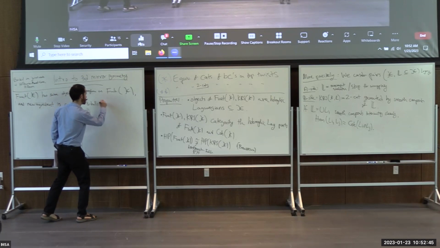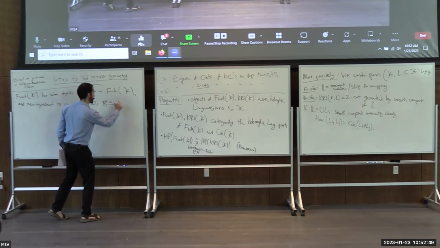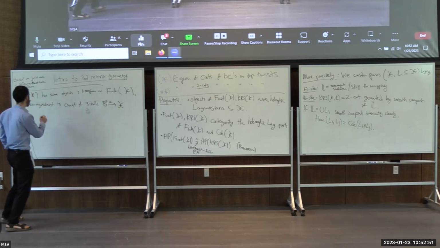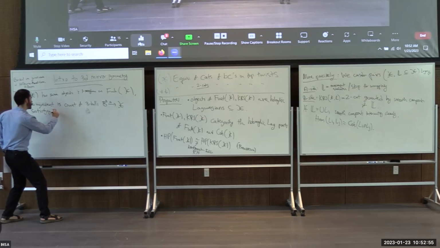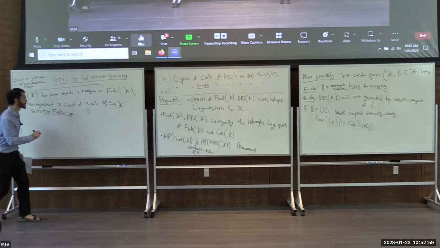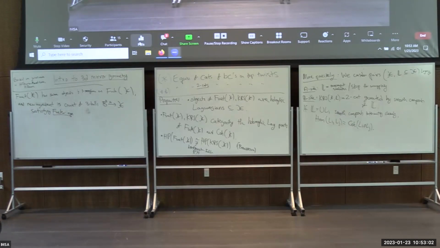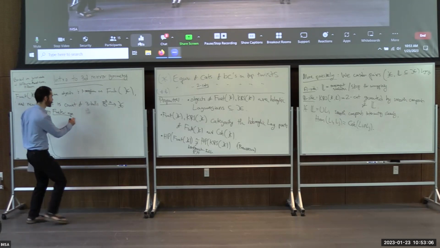satisfying the Buder equation. So I'm going to count maps from a three-dimensional disk U into my symplectic manifold X, satisfying the Buder equation, which is the most natural equation you could write down if someone gave you a three-manifold mapping to a hyperkähler manifold.